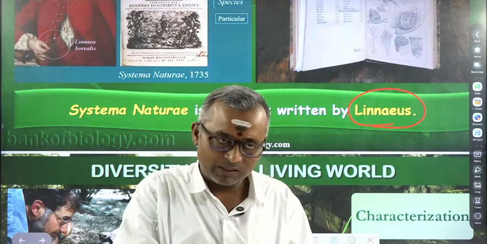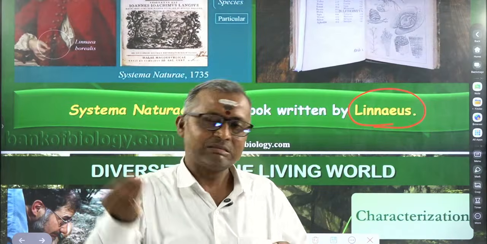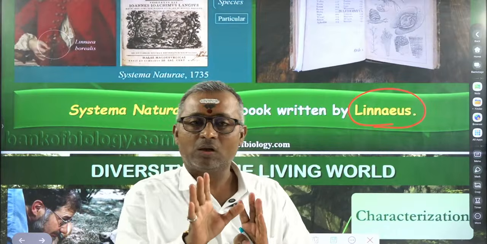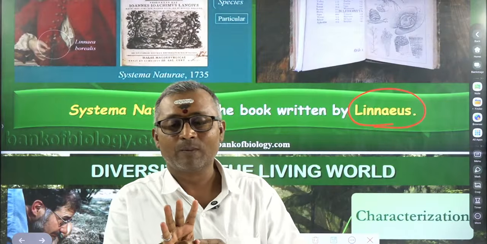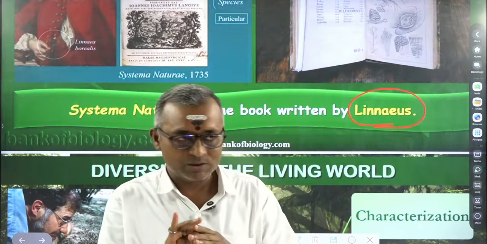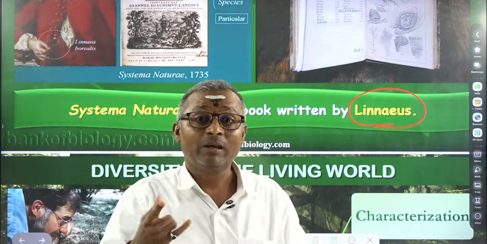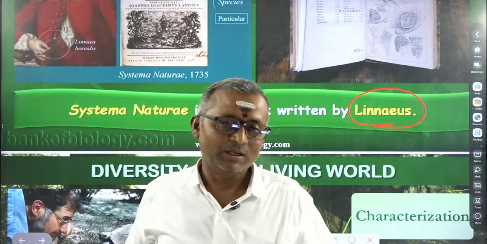Next, taxonomy deals with characterization, identification, nomenclature, and classification. Systematics has some additional roles: it not only explains different kinds of organisms, their distribution, and their relationships, it also covers identification, nomenclature, and classification, and it also considers evolutionary relationships.